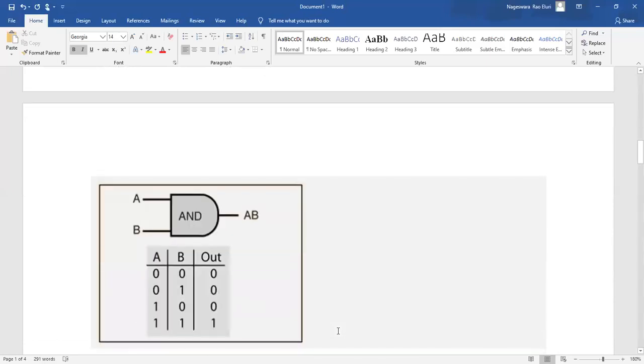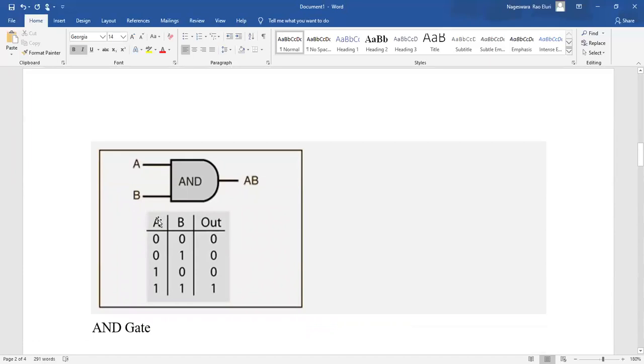Here is the truth table of the AND gate with inputs A and B. When A is 0 and B is 0, the output is 0. Remember, the output is 1 if and only if A and B are both 1. Similarly, the output is 0 if both A and B are 0.